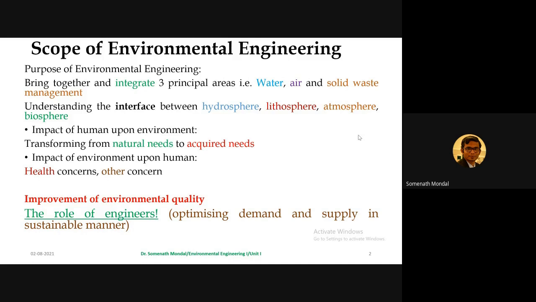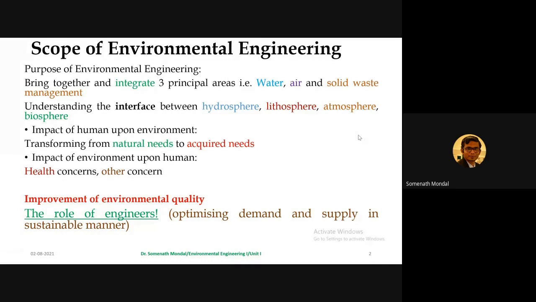If you talk about the quality of air, the quality of water, or the carbon footprint, these have a direct relation with climate change. So now, when in 2021 you are studying environmental engineering, you need to understand the greater picture.